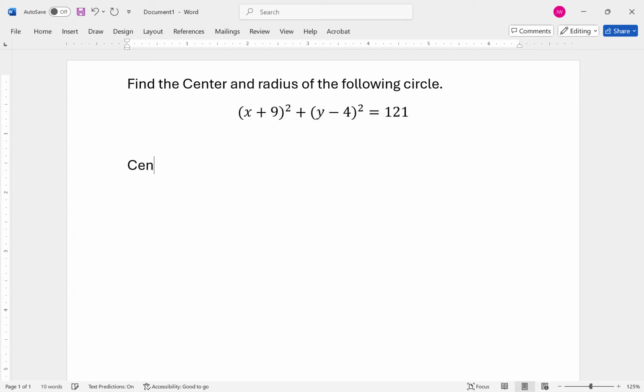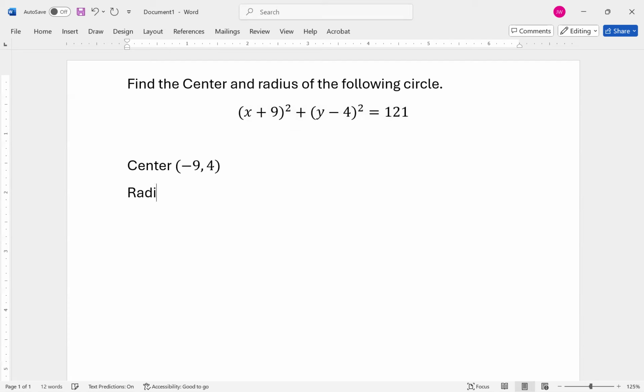One thing to be careful on is the center is actually at -9, +4. It's always x minus h. So if you get an x plus a 9, that's an h value of -9. And we have y minus 4. So my k value is a +4. So the center is at (-9, 4).